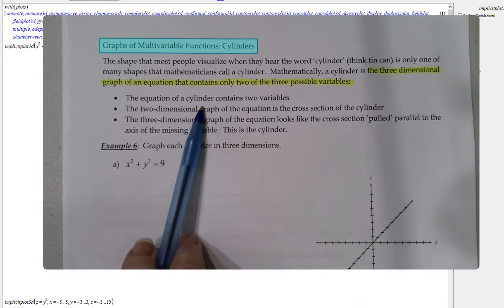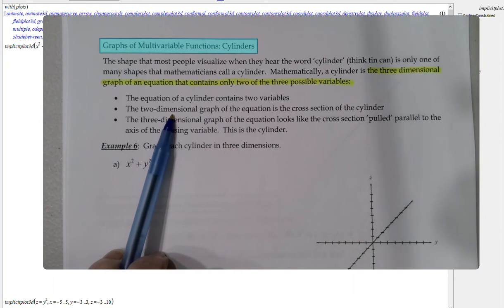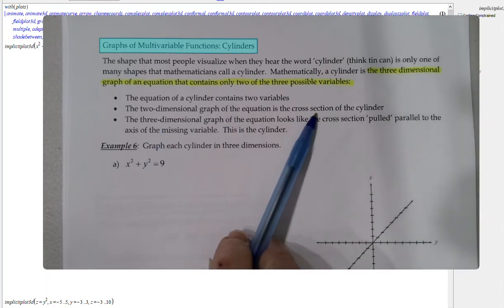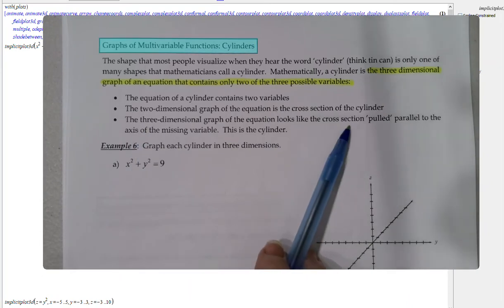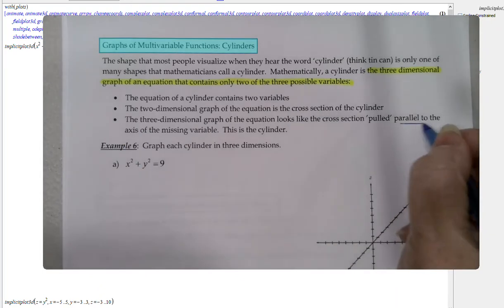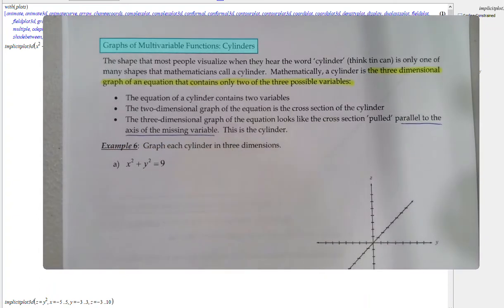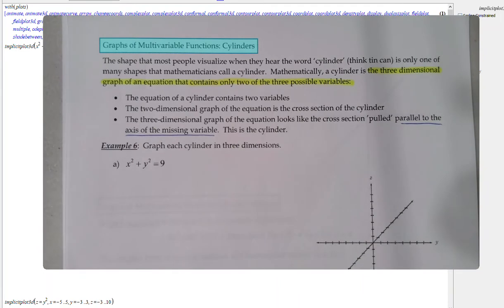If I were to graph that equation in just 2 dimensions, it'll be what's called the cross-section of the cylinder. And then we generate the 3-dimensional graph, which looks like the cross-section, if you can imagine kind of pulling it along, parallel to the axis of the missing variable. Hopefully that will make a lot more sense after we actually graph a few of these.